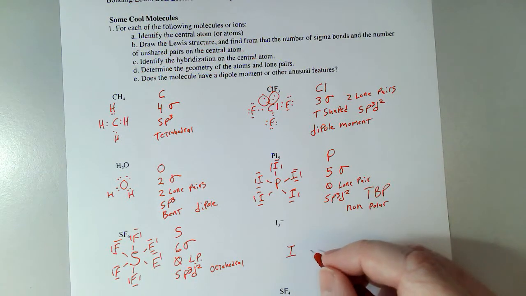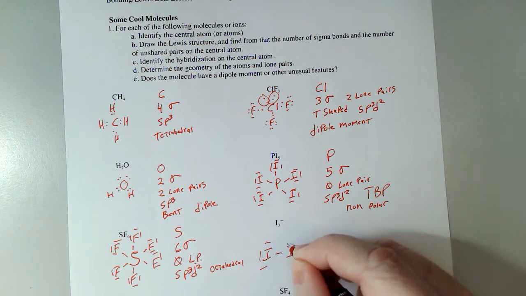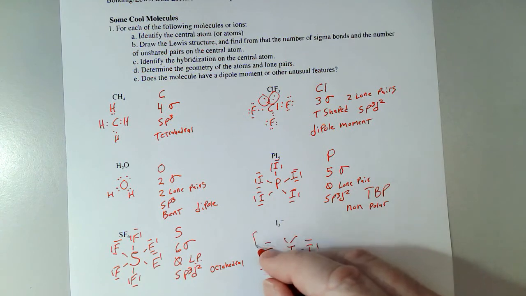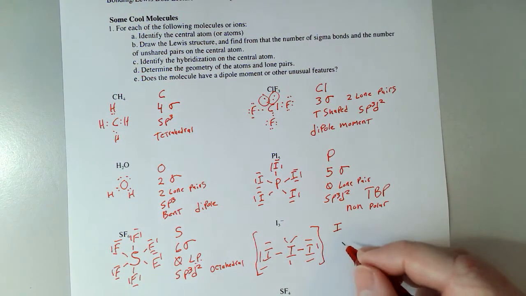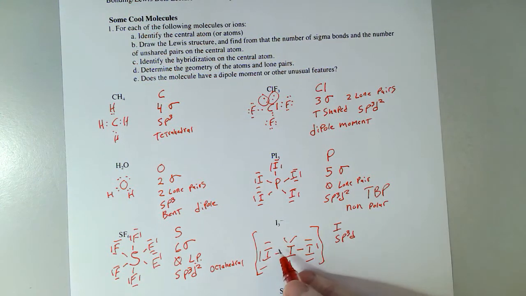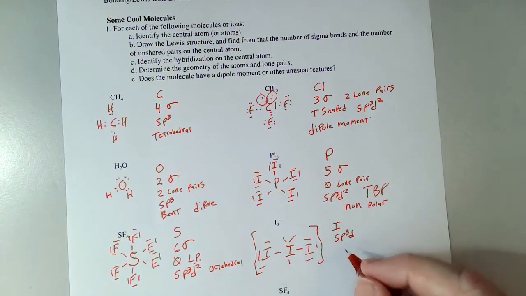Now, we did the structure for triiodide previously. 2 lone pairs on the central iodine. So there's an iodine in the middle. It's sp3d because 2 atoms and 3 lone pairs are 5 things attached.